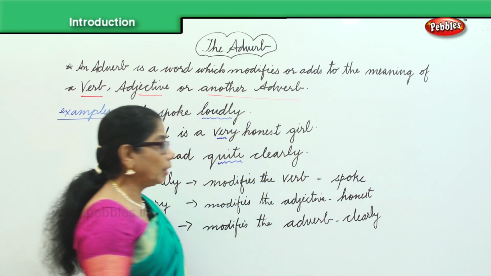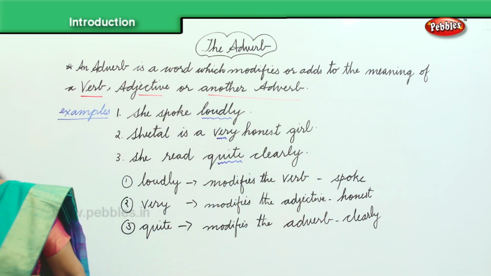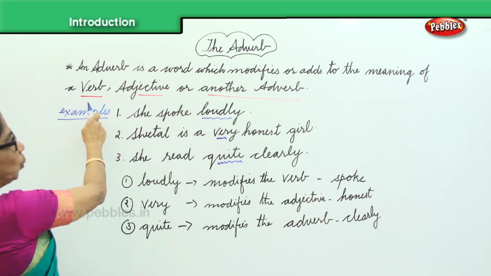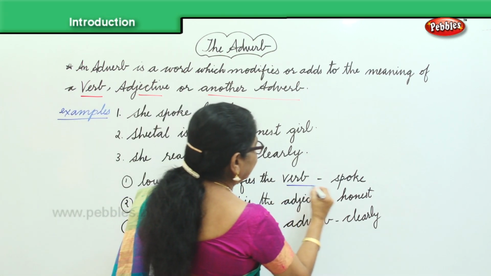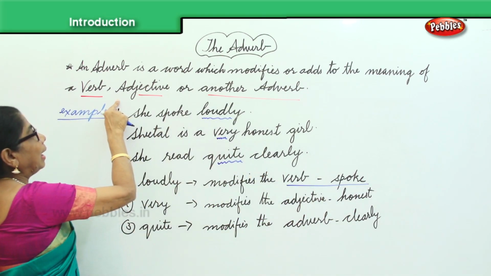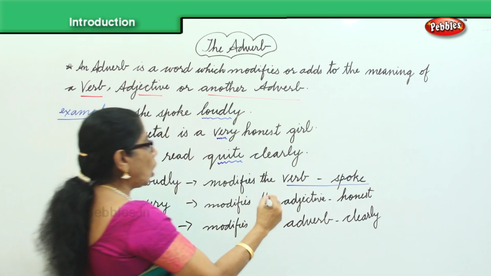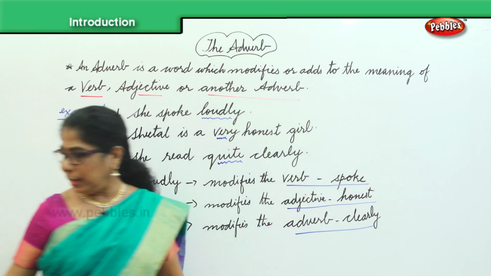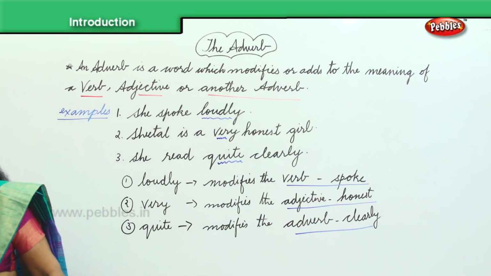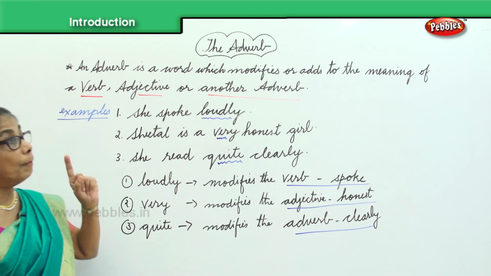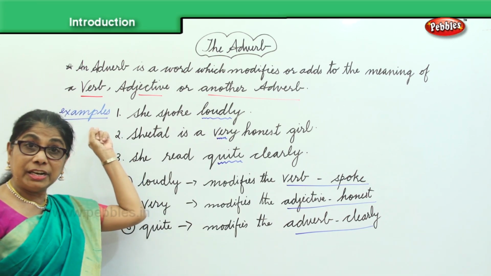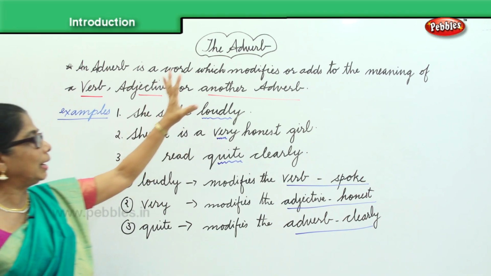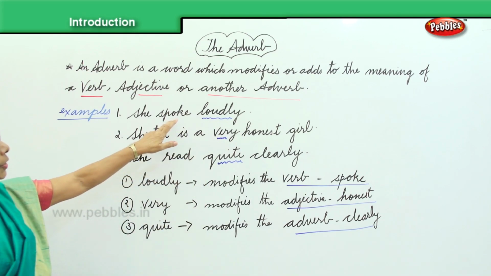Now look, we said an adverb is a word which adds meaning to the verb, then adjective, or another adverb. And that's what we are looking at now. An adverb is a word that modifies the meaning of a verb. That's the first one. So in the first sentence, she spoke loudly, the verb here is spoke.